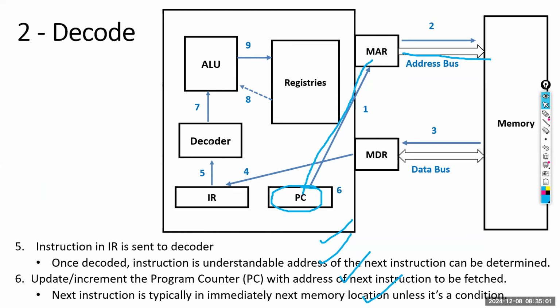After the decoder decodes the code into machine code, your program counter can understand what the next instruction is. So it can update the program counter to point to the memory address of the next instruction. Before it is getting executed, the program counter is updated after decoding. That is why after 5 decode, 6 is update the program counter. Okay, so that is the decode part.